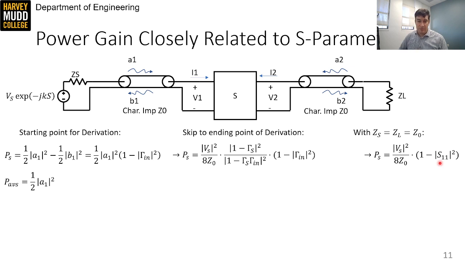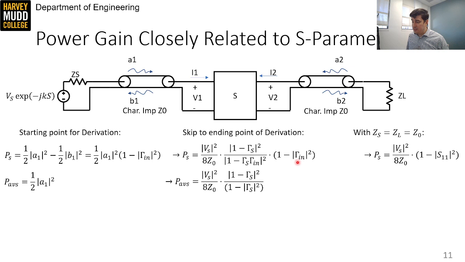The power available from the source is just the A1 wave that it launches. And again, we skip the derivation of how to get back from A1 to VS, but it's worth noting that this constant is very similar to this constant. And in fact, you get from one to the other just by noting that gamma in is equal to gamma S star when we're doing a conjugate match to gather all the available power.